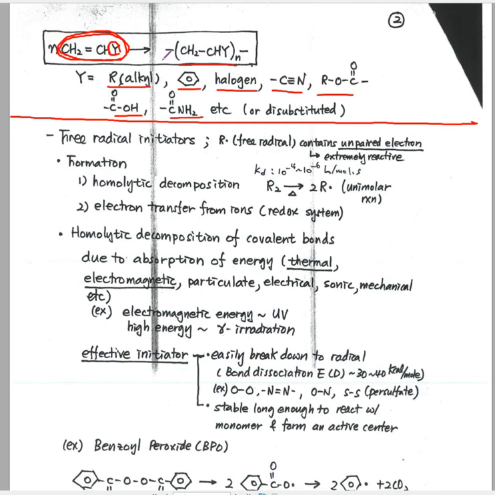Let's first begin with the initiation process. In the previous slide we saw that there are three different steps, right? Initiation, propagation, and termination in free radical polymerization. So let's first start with the initiation process.